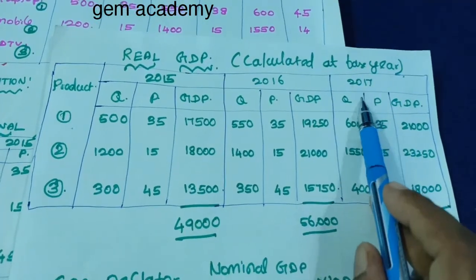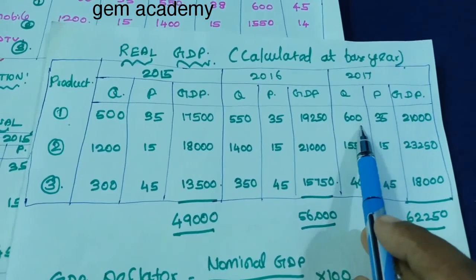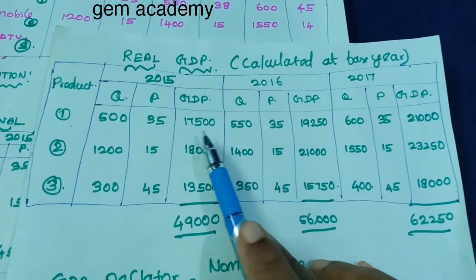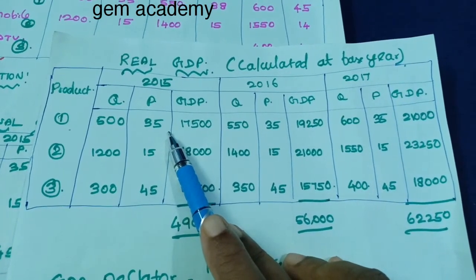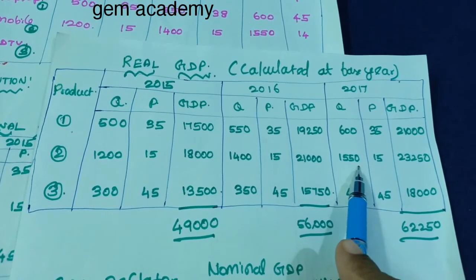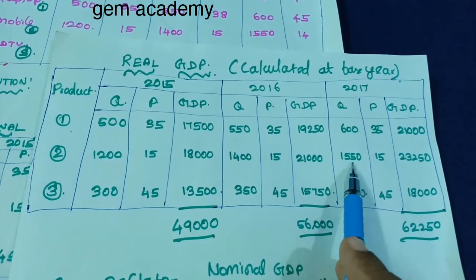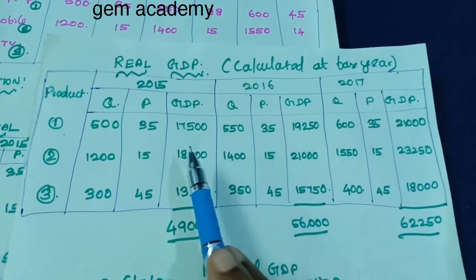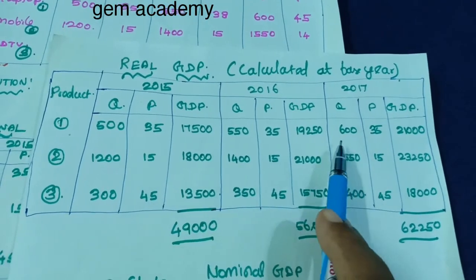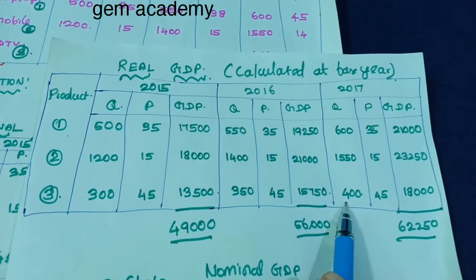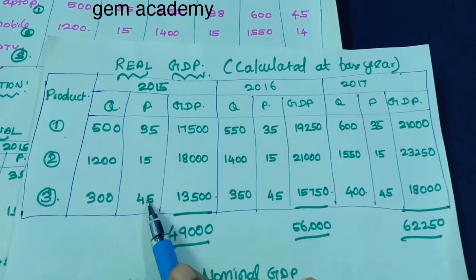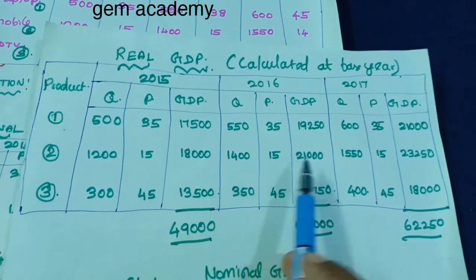The same way for the year 2017 also, 600 is a quantity and 35 is a price for the base year. 1550 is the quantity for 2017, but the price is 2015 price. 2017 quantity we are taking and 45 is a price for 2015.